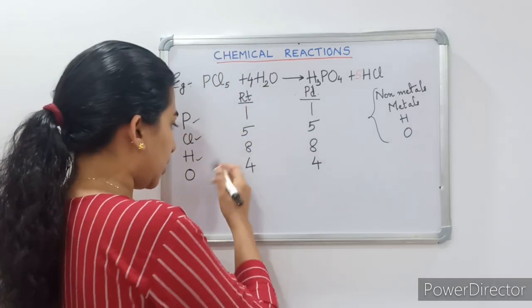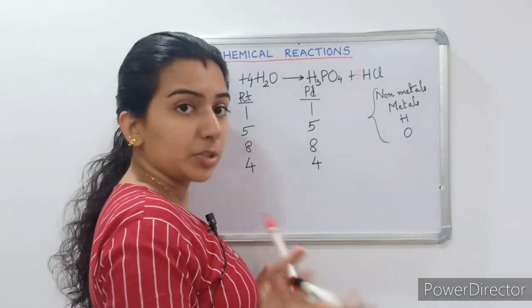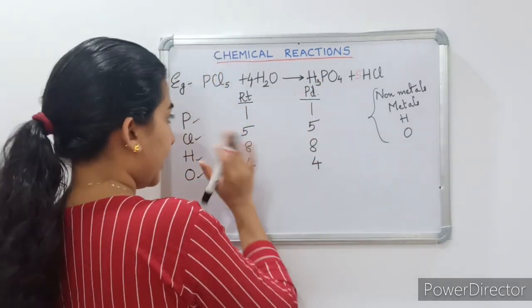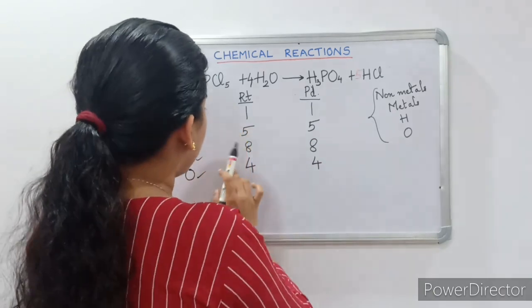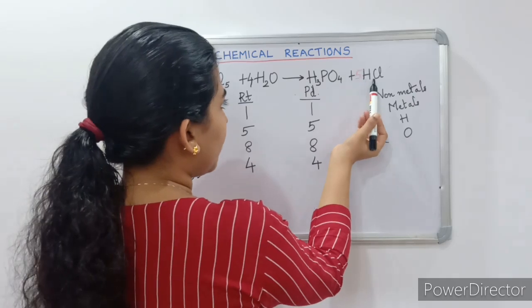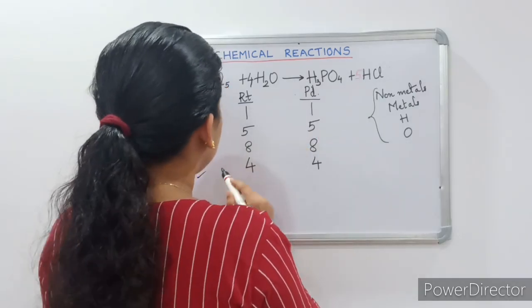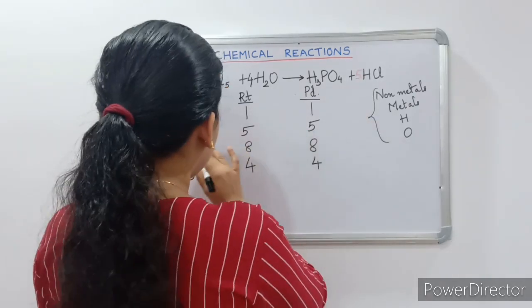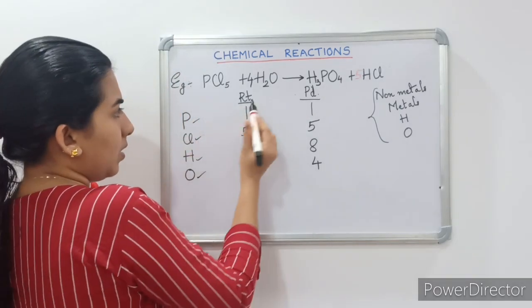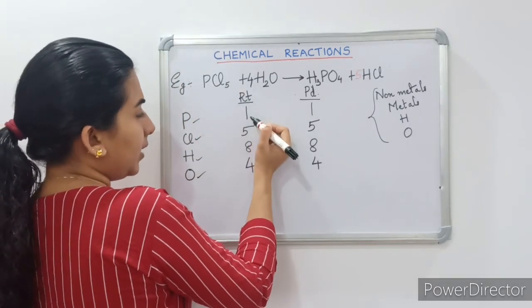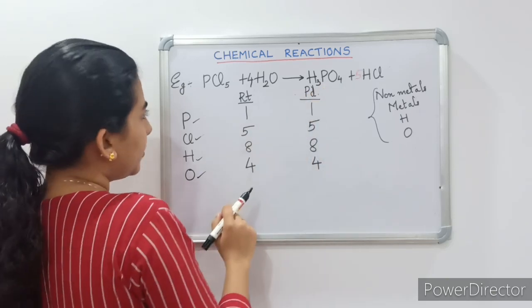Now, don't stop here. We have to check the whole elements once again. First, chlorine. Chlorine is 5 in the reactant side, 5 in the product side. Then metal, that is phosphorus. Phosphorus 1 in the reactant side, 1 in the product side.